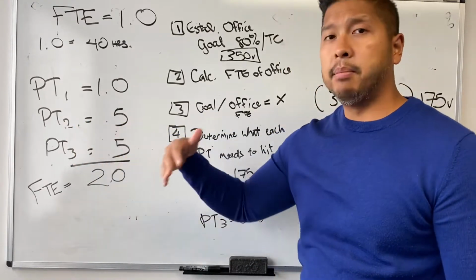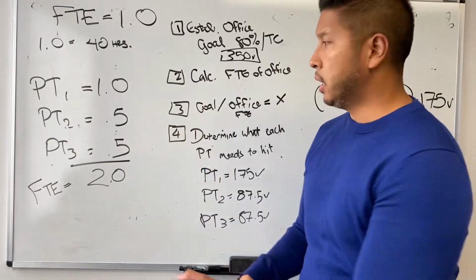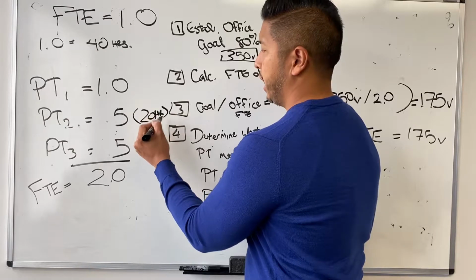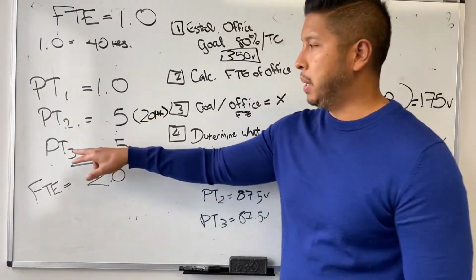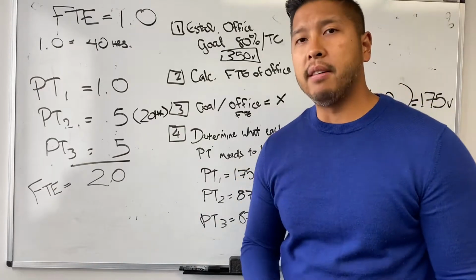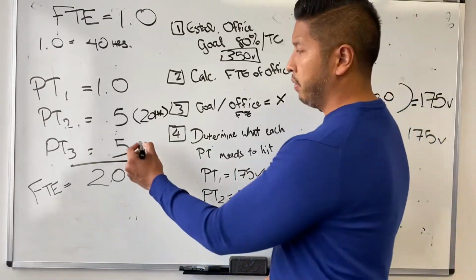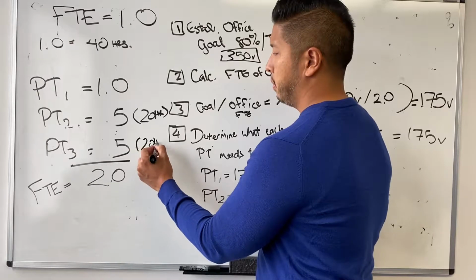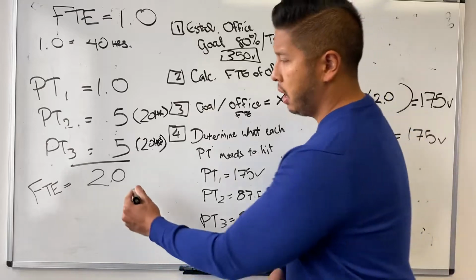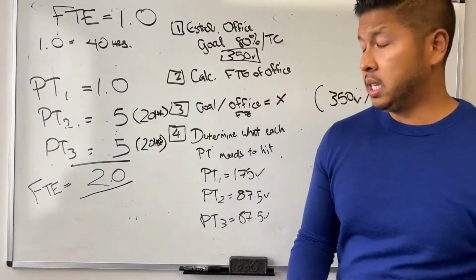They're listed at 0.5, only because in this case, they are working 20 hours per week. Same here, PT3 is working 0.5 FTEs, which is equivalent to 20 hours a week. So now I know the office as a whole has 2.0 FTEs, okay?